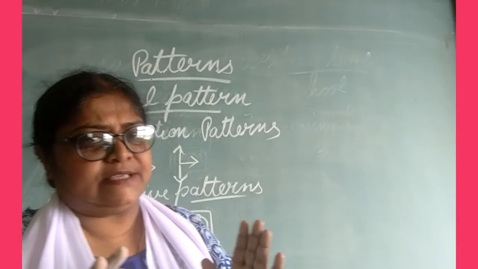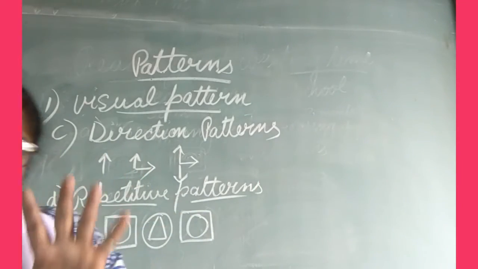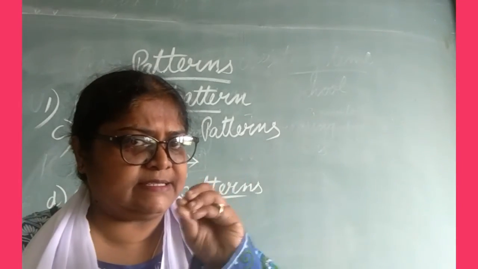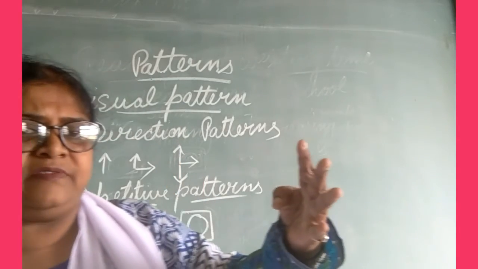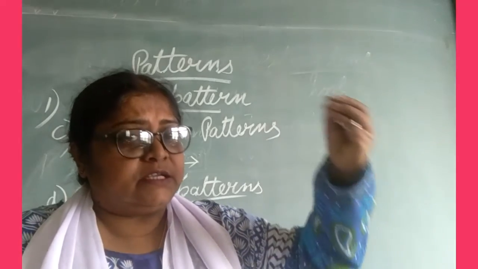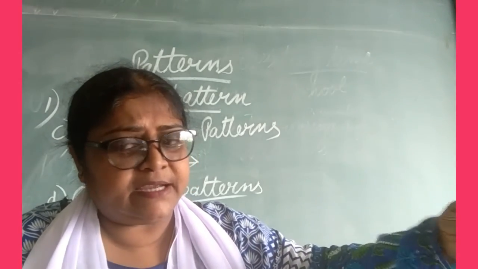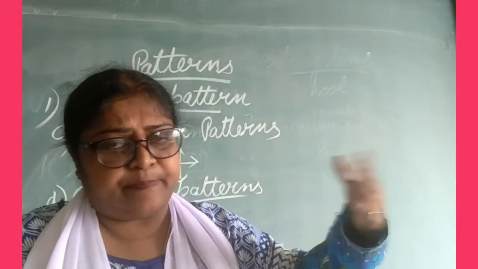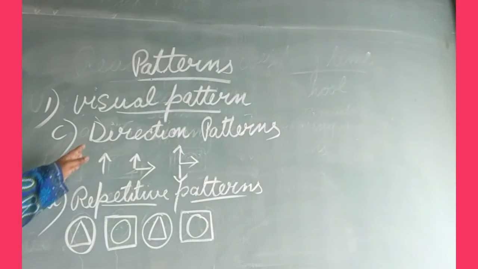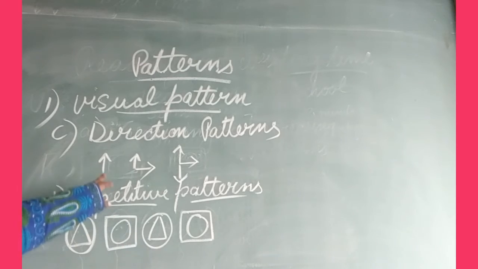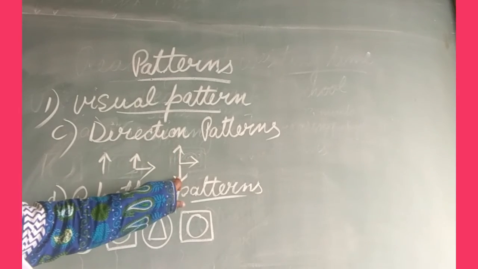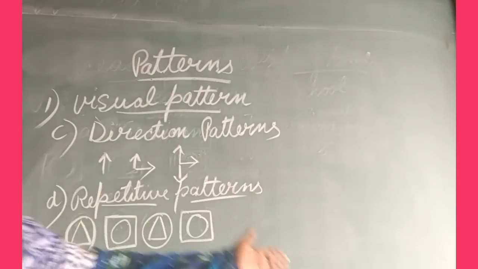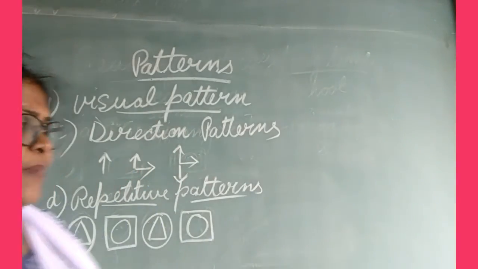In the first balloon 5 balls, in the second balloon 4 balls, in the third balloon 3 balls. That means it is a decreasing pattern. Number 3 is the direction pattern, showing 1 direction, then 2, 3, and 4 directions.